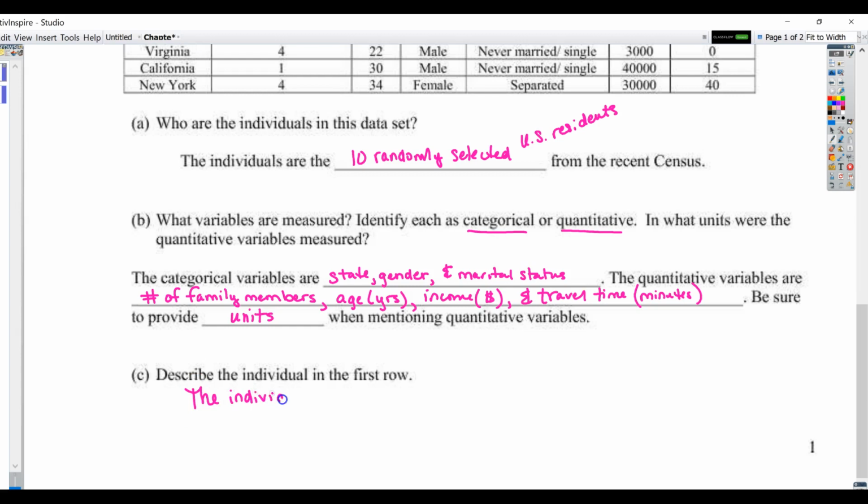The individual is a 61-year-old female. Oh, and I meant to say married. So anytime you can put it all in one sentence, that's even better. Married female from Kentucky. With 2 family members in her household.